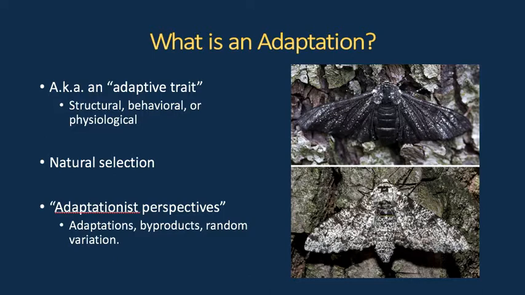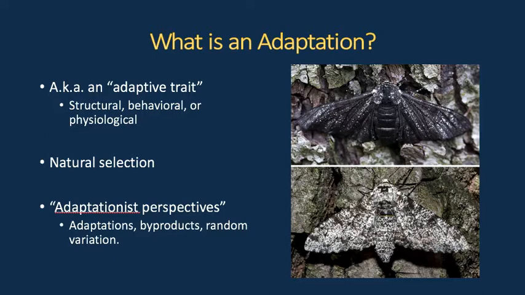It's the idea that we can look at an organism and at all of its structural traits, behavioral traits, and physiological traits, and come up with ideas for how all of those traits are adaptations. How did they evolve? Why did they evolve from a natural selection standpoint?